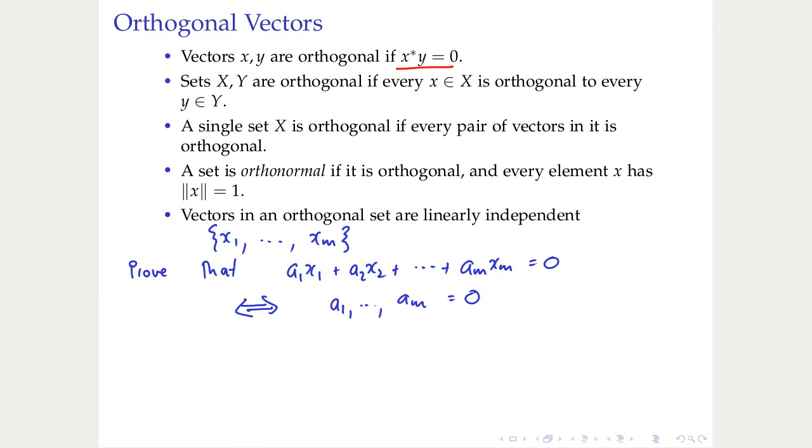In other words, if you rearrange that formula, that says that no vector can be written as a linear combination of any other ones.